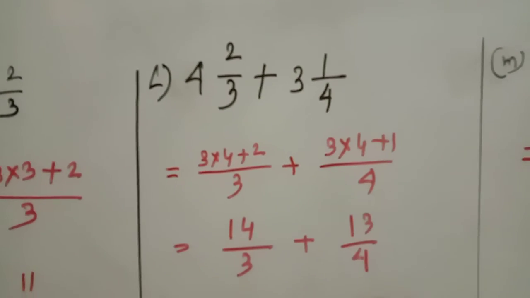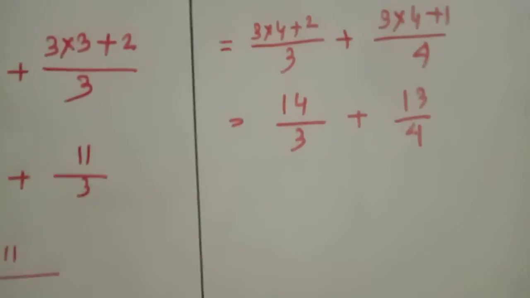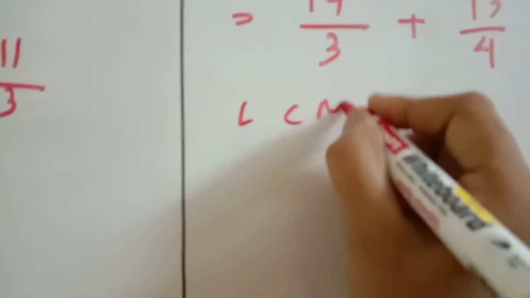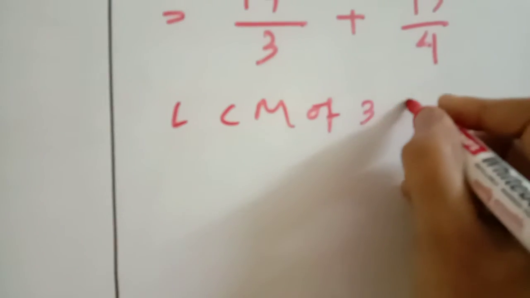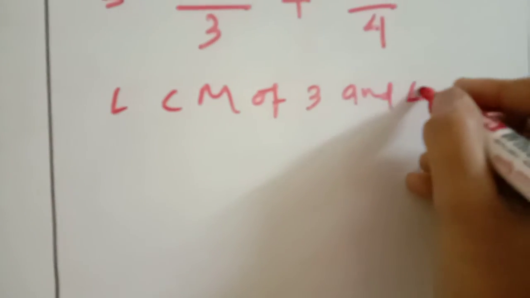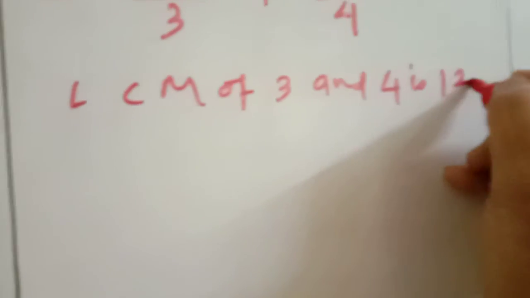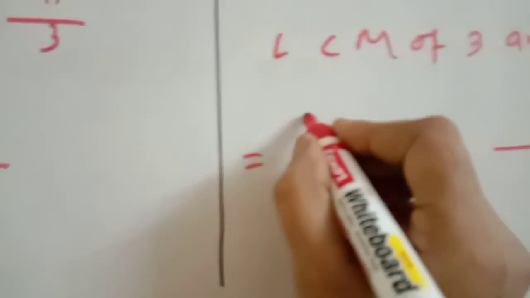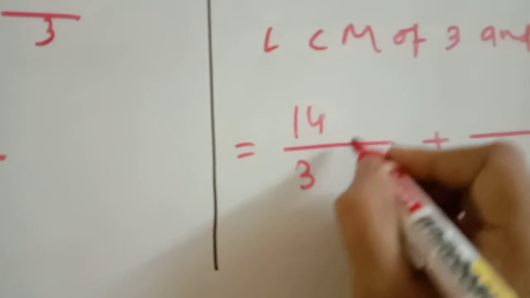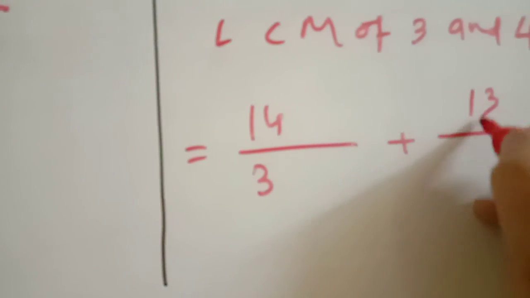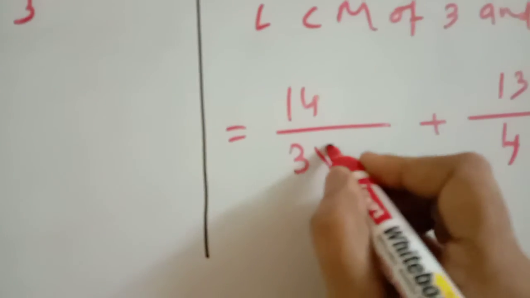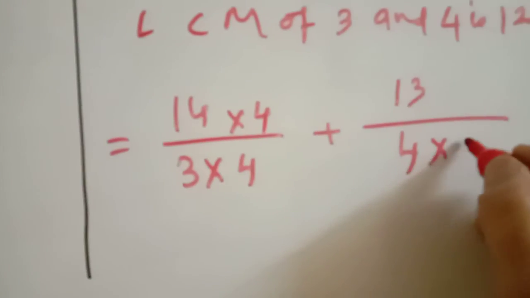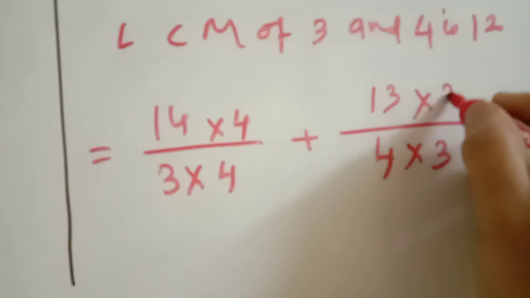Now you have to do the LCM. Here the denominators are not the same, so the LCM of 3 and 4 is 12. To make the denominators the same, you have to multiply 14 by 4 and 13 by 3. To make it 12, you need to multiply it by 4, and to make it 12, you have to multiply by 3.